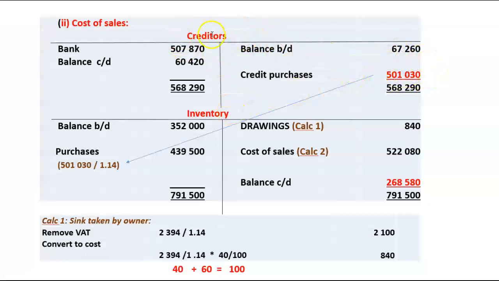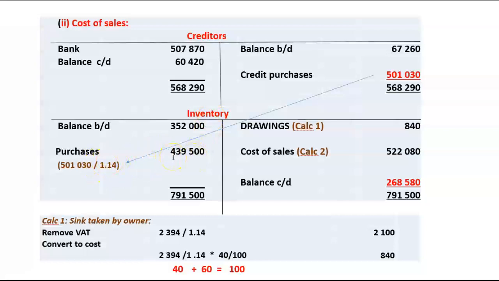Remember though that creditors include VAT. Inventory does not include VAT. So I cannot take the 501,030 and dump it like it is in the inventory account. I first have to take out the VAT.